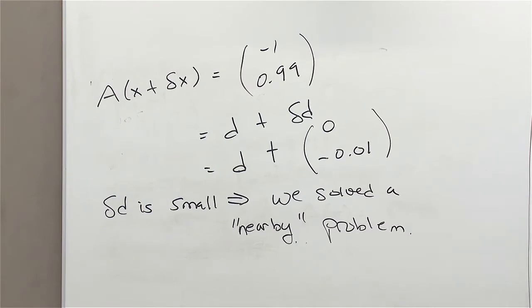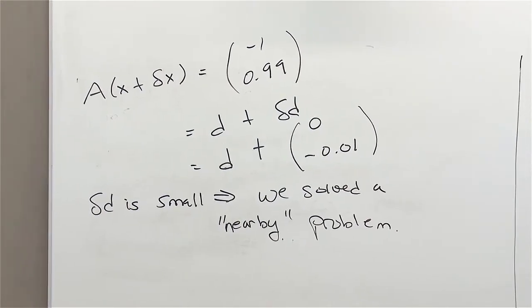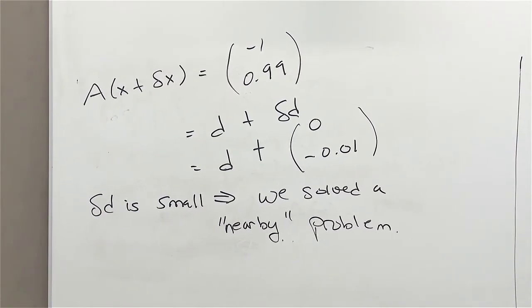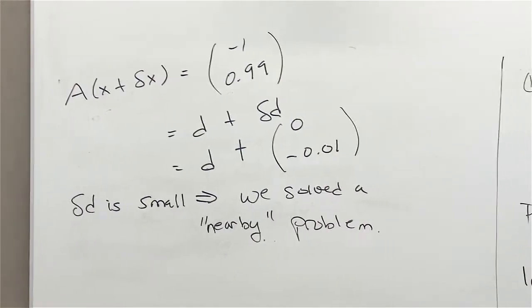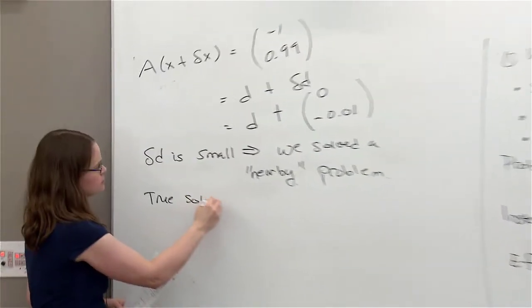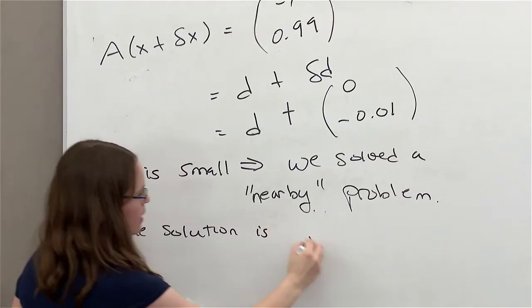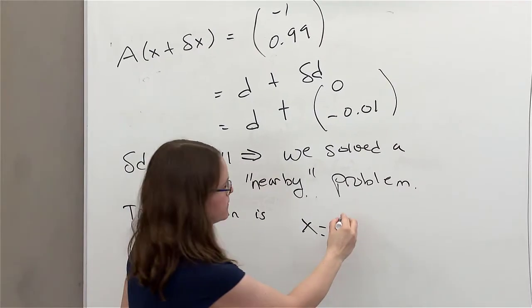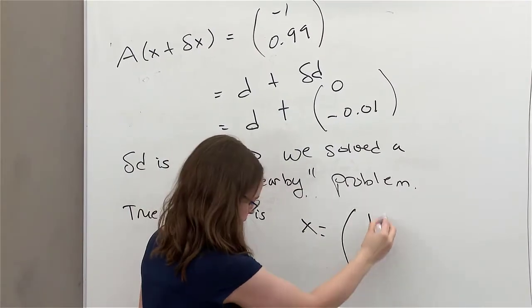Now this is a small enough toy problem that we can go figure out how well we did here. I can go through and solve this exactly. And if I do, what's the true solution? The true solution is x equals 1, 1.